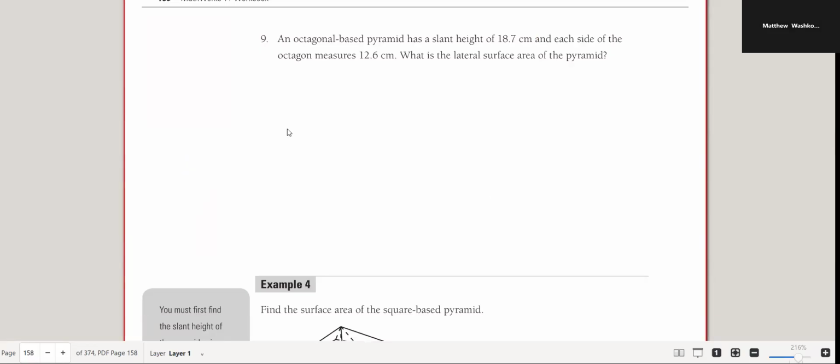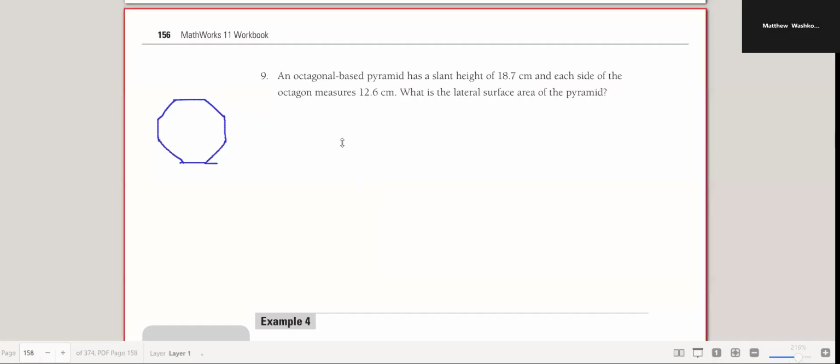Question 9. Let's read this question carefully. So it's an octagonal base, right? That is 1, 2, 3, 4, 5, 6, 7, 8. There's 8 sides. Octopus, octagon, 8 sides.